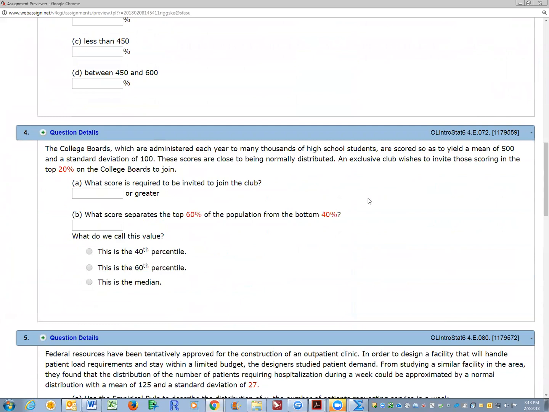Okay, 72. So what score separates the top 60% from the bottom 40%? That's what I've got. So if we want to go with 70 and 30, we can.